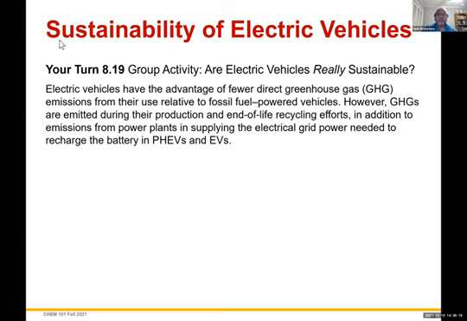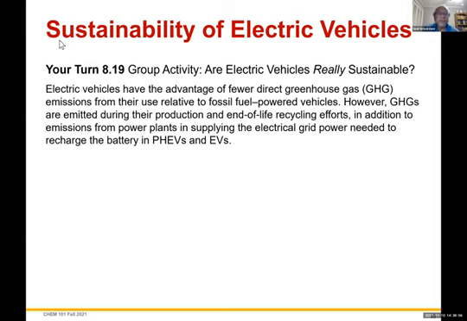Now let's talk about whether electric vehicles are really sustainable. Electric vehicles have the advantage of fewer direct greenhouse gas emissions from their use relative to fossil fuel cars. However, greenhouse gases are emitted during their production and end-of-life recycling. So we have to think about recycling and the production footprint of the materials for making batteries.